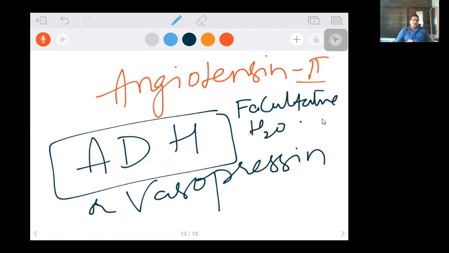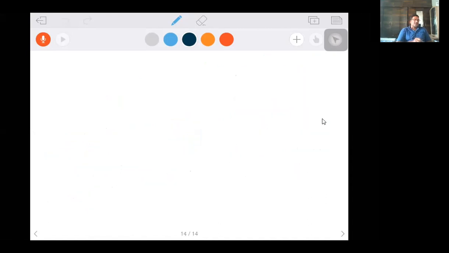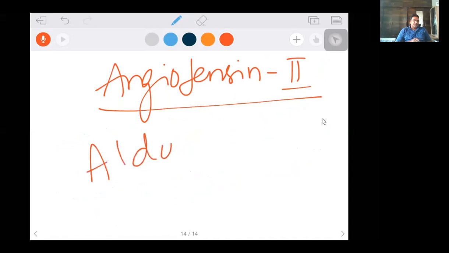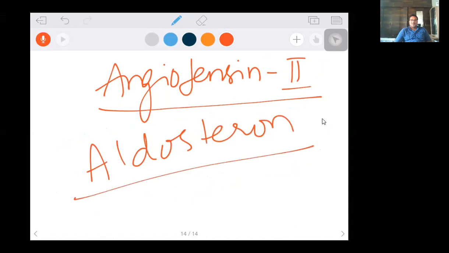It promotes the facultative water reabsorption. Then the other function: if you want water, you need to maintain the hypertonic condition, isn't it? That means the absorption of salts. Aldosterone is the hormone helpful for the absorption of salts. So angiotensin II promotes the secretion of the aldosterone hormone from the adrenal cortex that makes the absorption of salts.